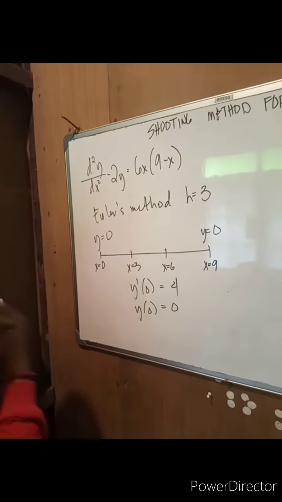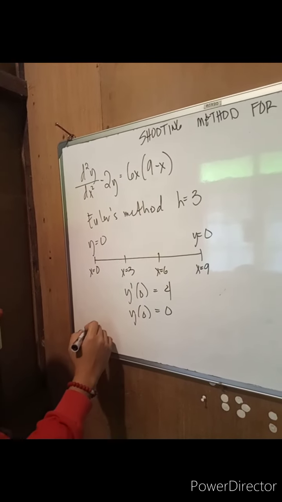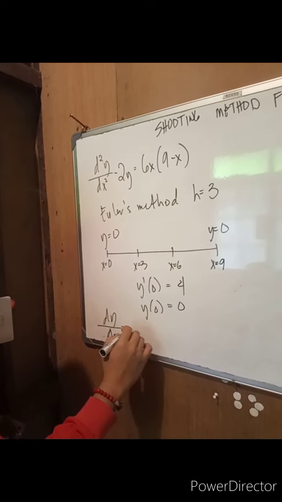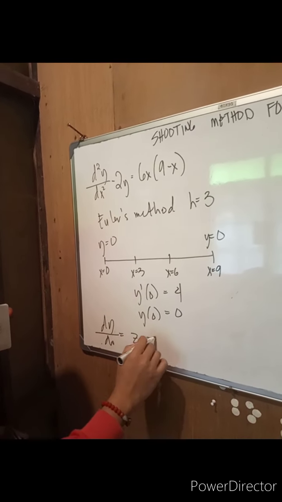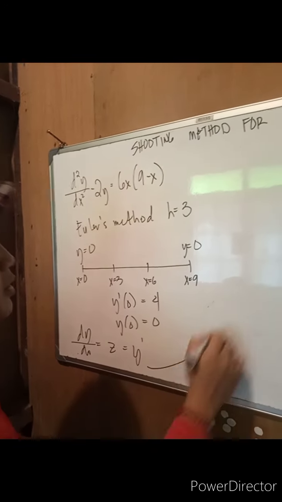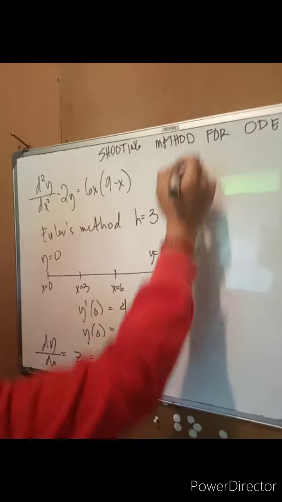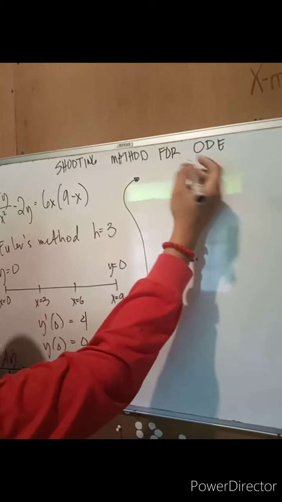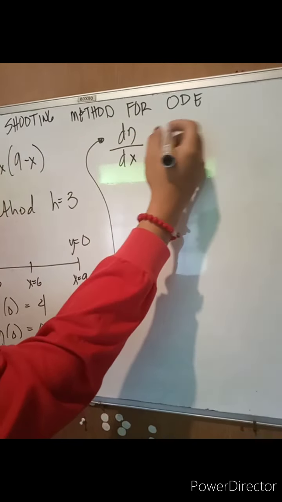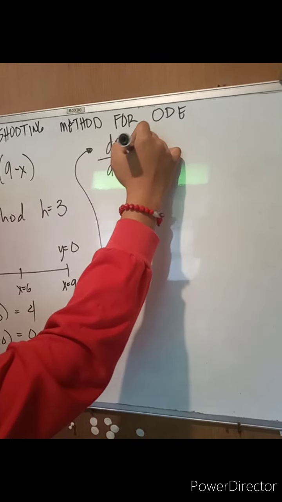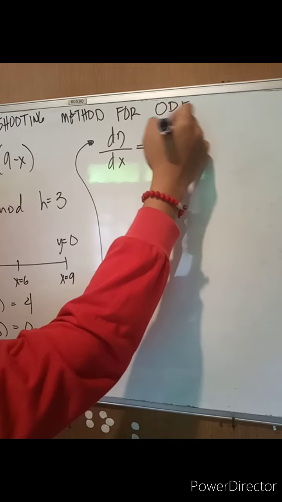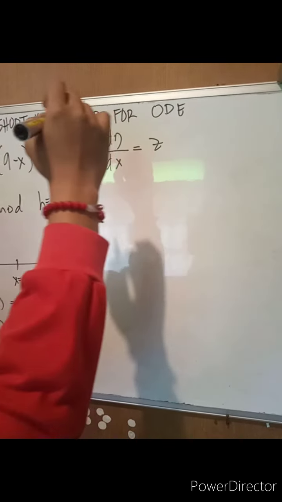Okay. So, mangyayari nito, yung dy over dx naman, di ba alam natin yan na is equal to z, o ito is y prime. Ang magiging itsura naman ito is ganito na siya. dy over dx is equal to z, di ba z siya?